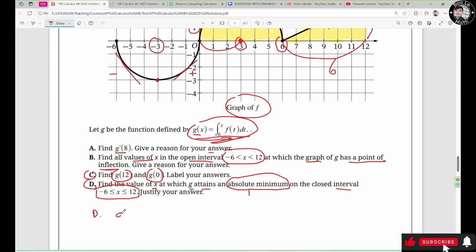So we have g prime of s equals f of s, from question A. Now, you need to find the critical points. In order to find the critical values, this guy right here must be equal to 0 or undefined, right?